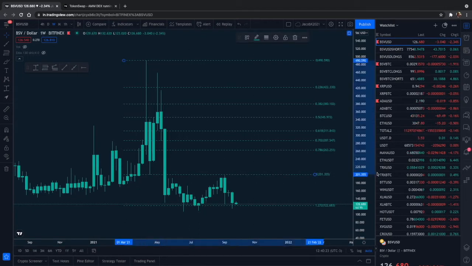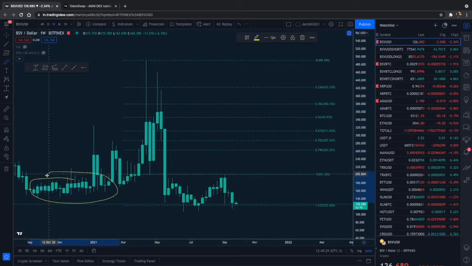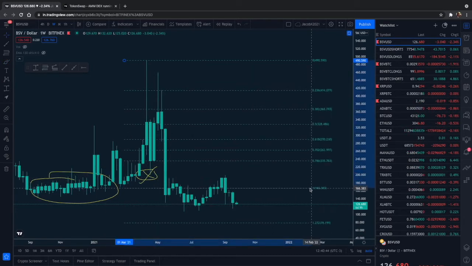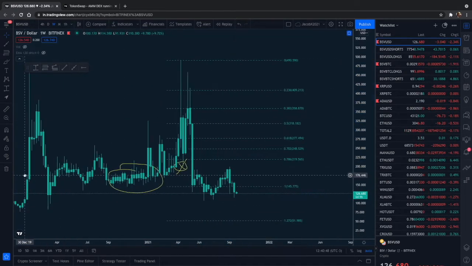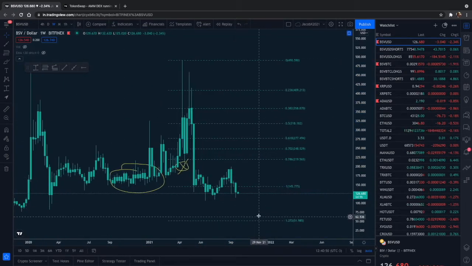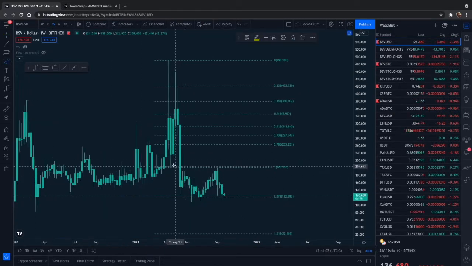If I was to move this back down to this area instead of this area, so if we cross that out and we move down to the bottom, you can see that we're missing out on the 1.272, and this is just holding up at the bottom of the previous round.